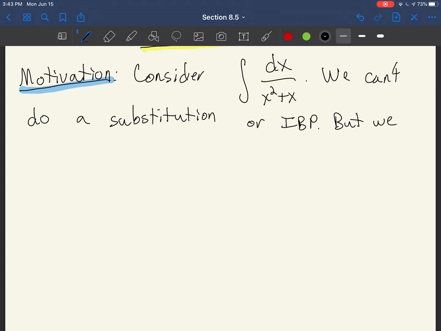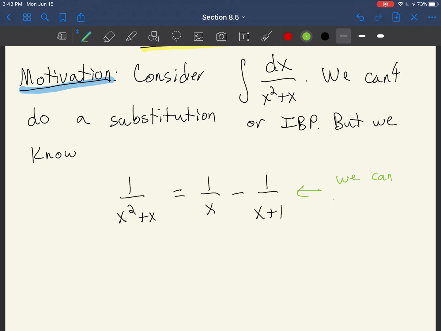The first thing I do when I see this, I just immediately think this, and you probably do too. You just immediately recognize that 1 over x squared plus x is 1 over x minus 1 over x plus 1. Just immediate. That's the first thing you think of, right? And the key thing here, though, is we can integrate both of these.